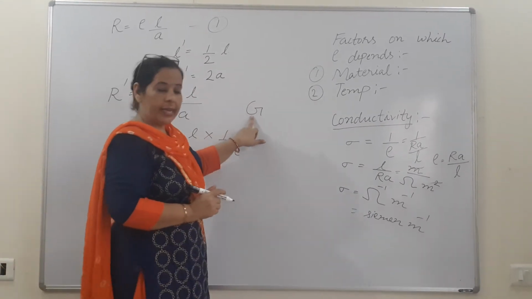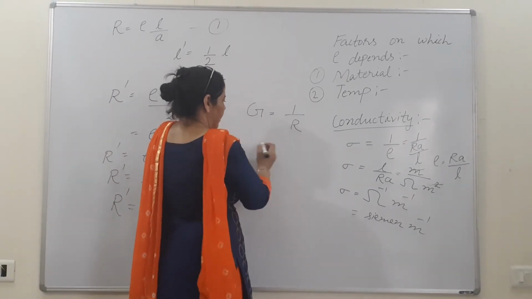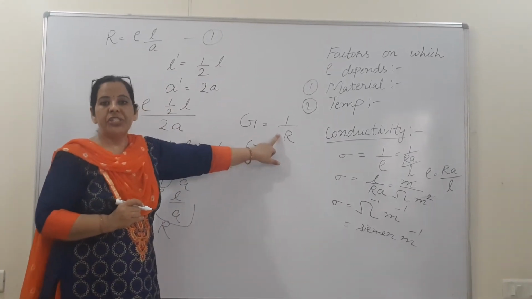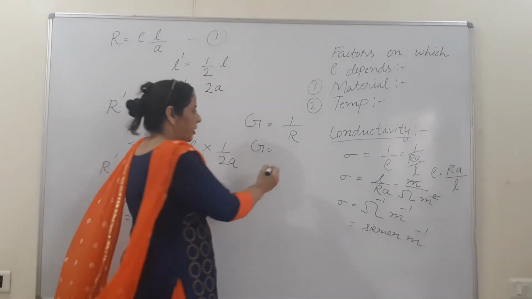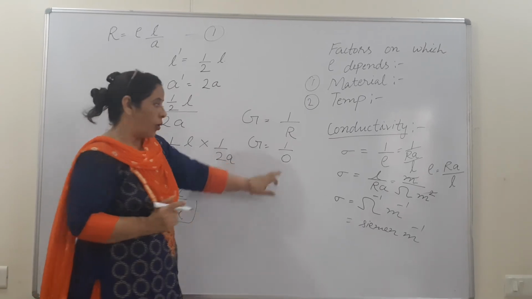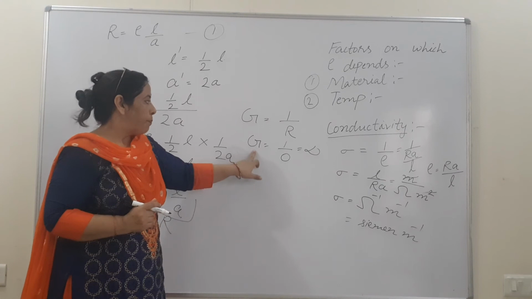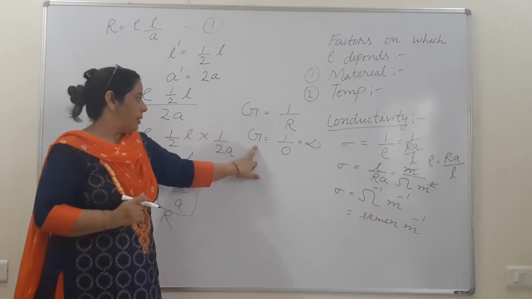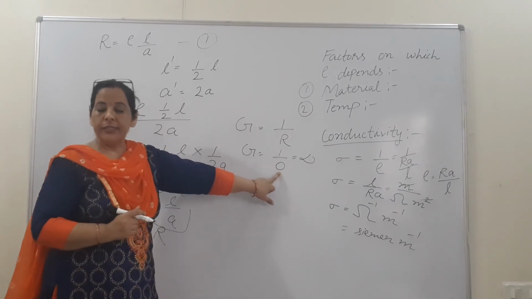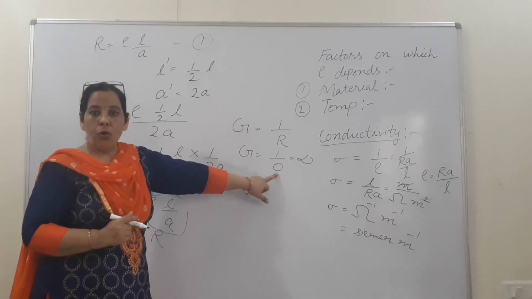G is conductance, the reciprocal of resistance. Just now we did the definition of a superconductor, which has zero resistance. It means 1 divided by 0. Anything divided by 0 gives the answer infinity. It means superconductors will have infinite conductance but zero resistance. But the condition is that the temperature should be very, very low.